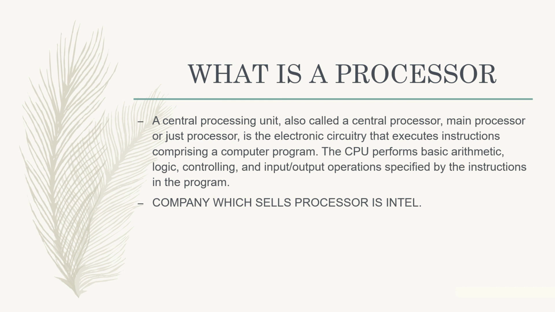For example, if we want to do math in Excel, we set a formula, say 20 plus 5, and we get the answer as 25. So that is basic arithmetic. The company which sells the processor is Intel. The processor is the most important thing in the computer.